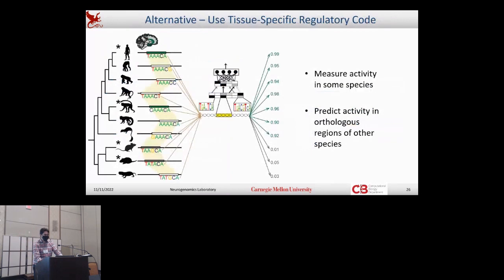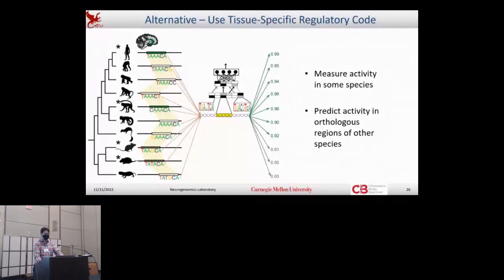And so what this looks like from an experimental design perspective is we basically train these neural networks on information from a handful of species that we collected data for, in some cases in our lab, in some cases from collaborators. But then we make predictions across all of the orthologous regions for which we have a genome and orthologs.